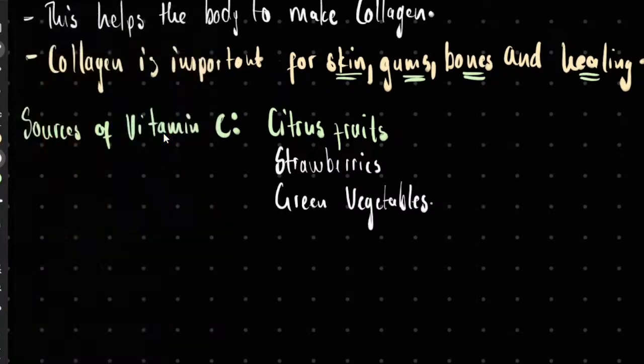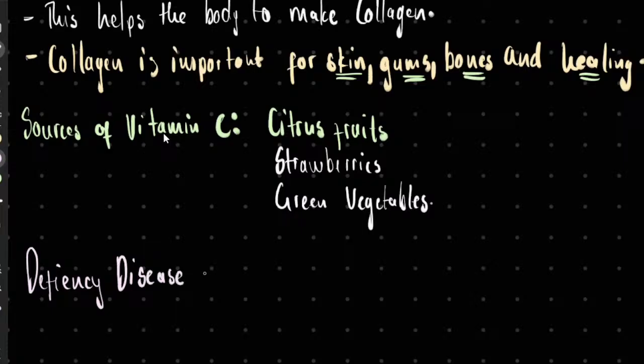Deficiency disease, which we'll look at later. What we call a deficiency disease is a disease that you will get if you lack vitamin C in your body completely. I didn't write deficiency nicely.